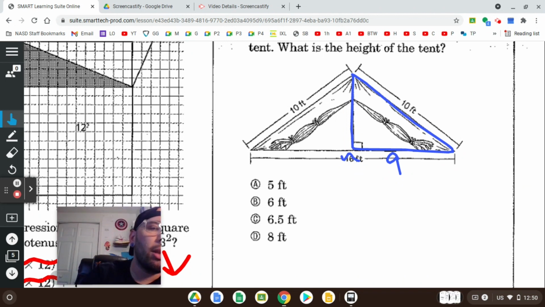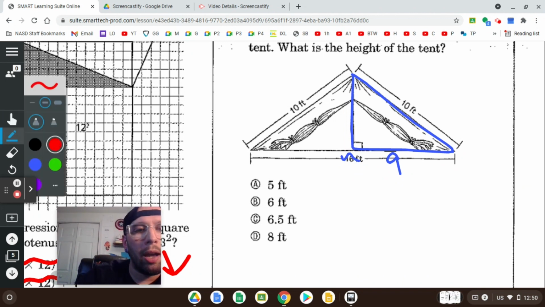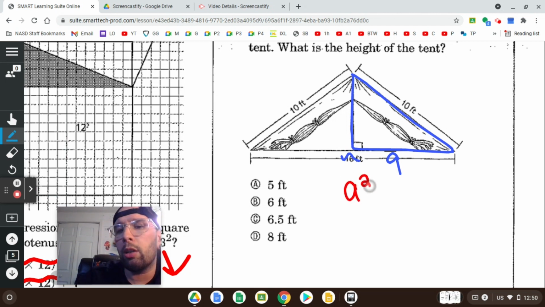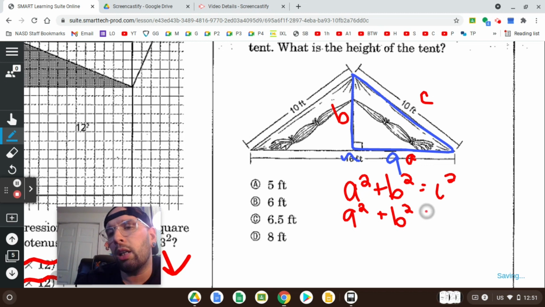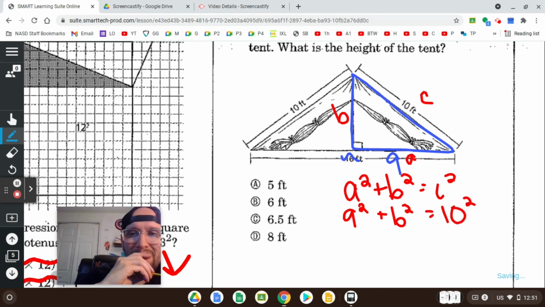Well, that's much easier. So I have to use A squared plus B squared equals C squared. I'll call you C, I'll call you A, and I'll call you B. So 9 squared plus B squared equals 10 squared. Was that 18 or 16?